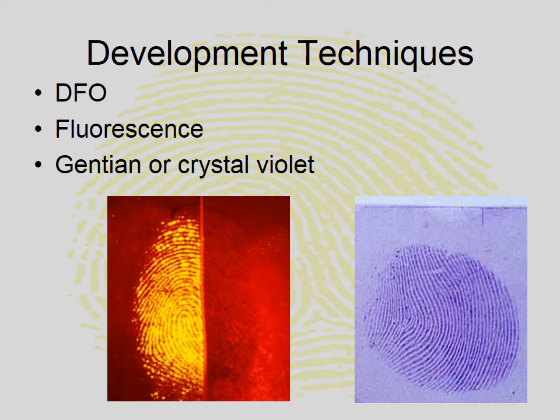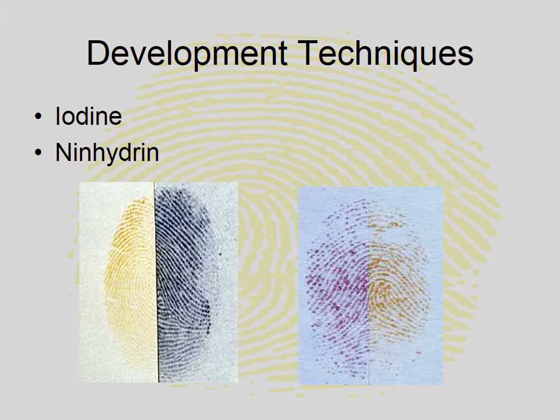Other types: DFO, fluorescence, and gentian or crystal violet. Some of these play upon the proteins in the body that secrete and make a print, and they react with those proteins to expose the print. Ninhydrin is along those same lines too.